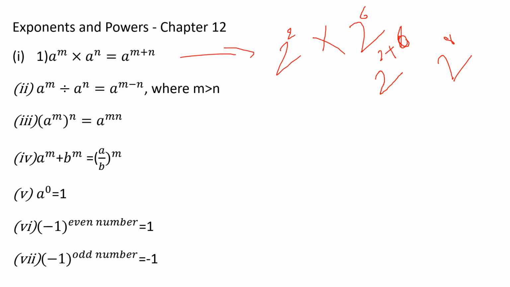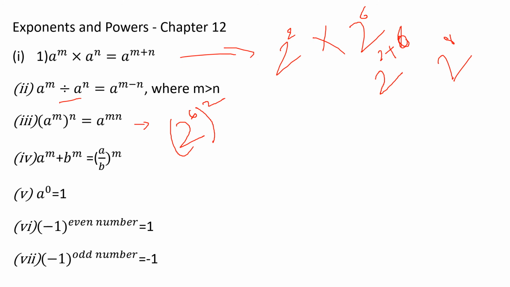Then a power m divided by a power n. If the division symbol is there, then we write a power m minus n, and m will be greater than n. Then a power m the whole power n equals a power mn. Just revise it, children. If I write 2 power 6 the whole power 2, which formula will you apply?